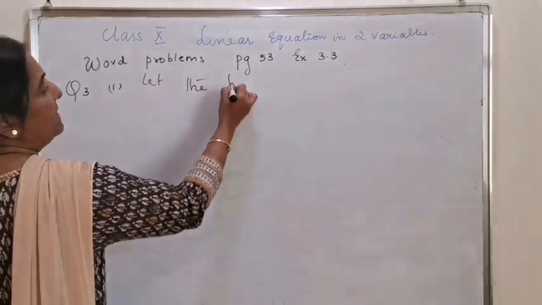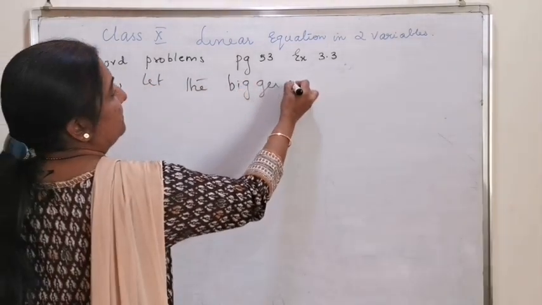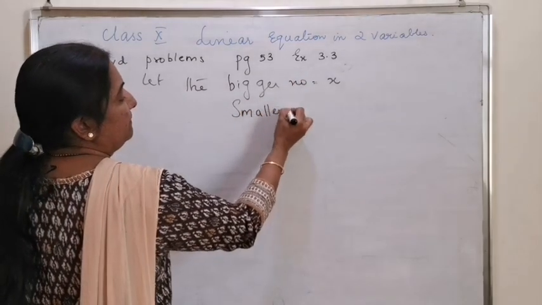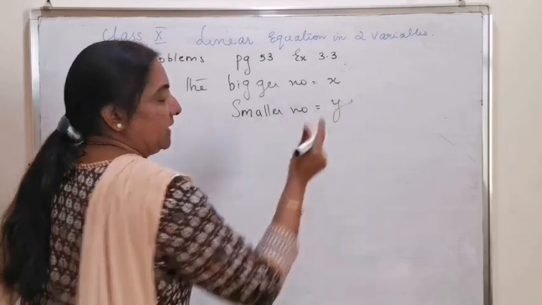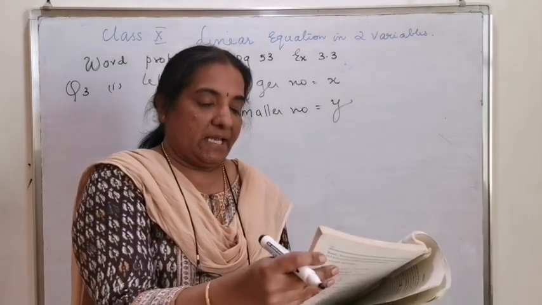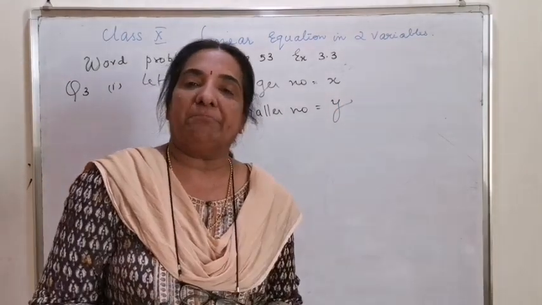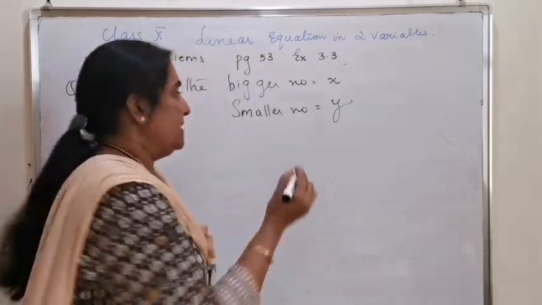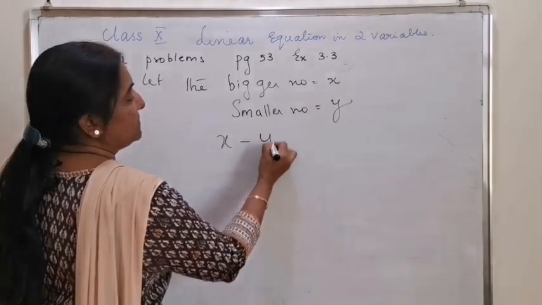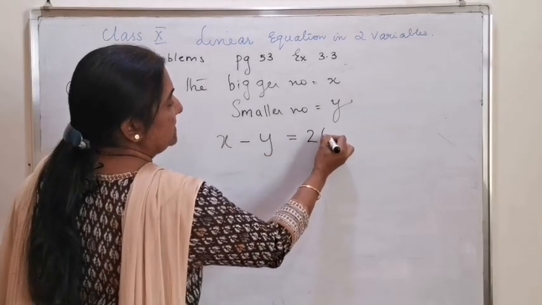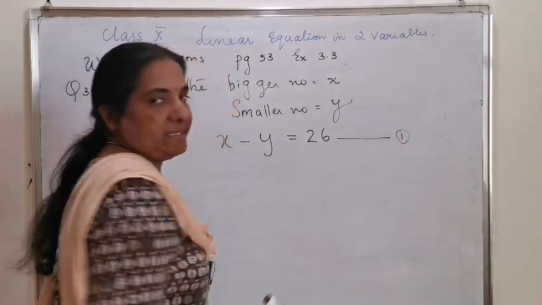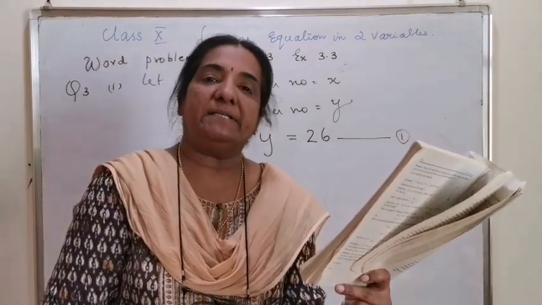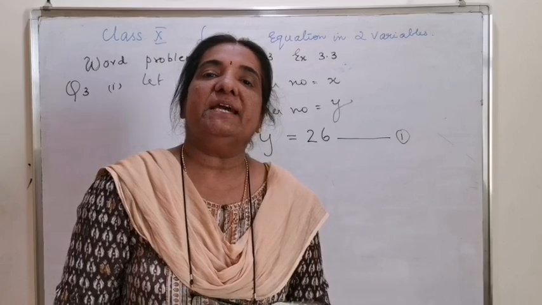Let the bigger number be x and the smaller number be y. The first statement is the difference between two numbers is 26. Difference means subtraction. So the first equation is x minus y is equal to 26. The second statement, one number is 3 times the other.